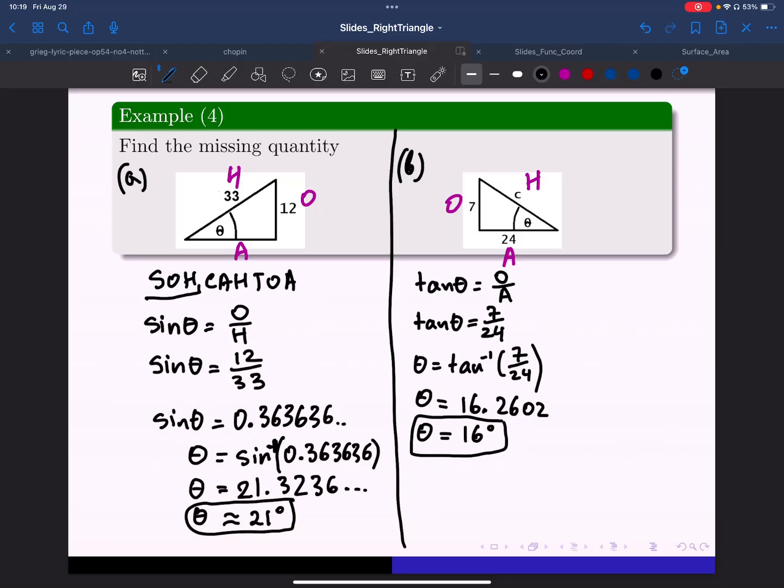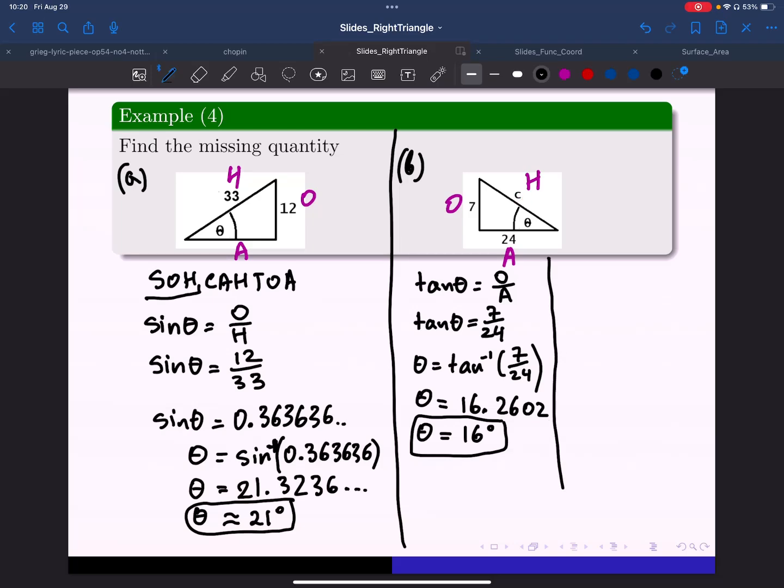So this is my angle. We also have missing quantity c. We could use either trigonometric ratio, or because I have those two sides, I can use the Pythagorean theorem.